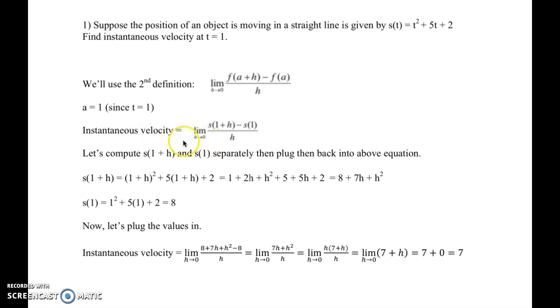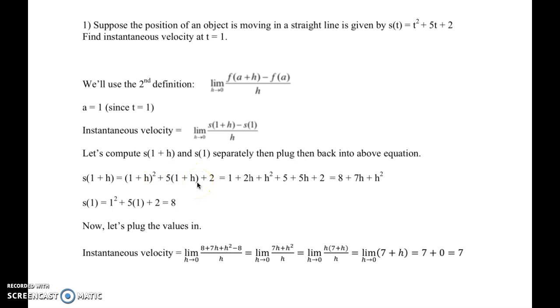And we're going to go ahead and plug it in. So here we have our instantaneous velocity at s of 1 plus h minus s of 1 over h. Okay, so we need to compute s of 1 plus h and s of 1 separately. Now, when we have s of 1 plus h, we're going to end up squaring it and doing some distribution.